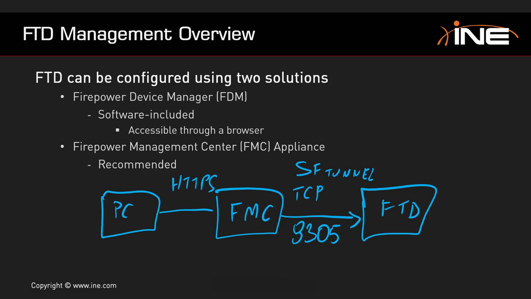You can change this port number, but it is not actually recommended to do it. By default, it's going to be 8305 TCP. That's how FMC is going to access FTD. And once again, this is essentially encrypted.